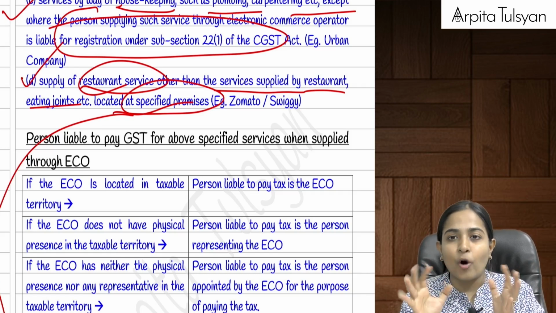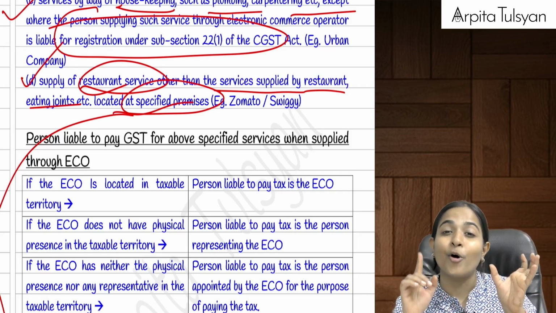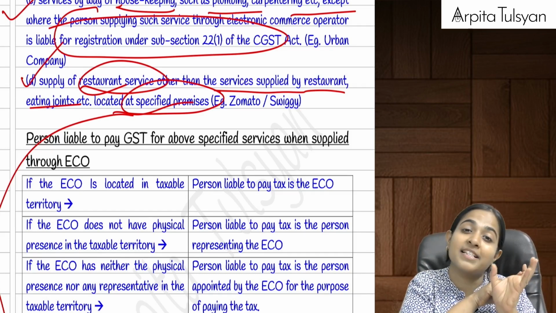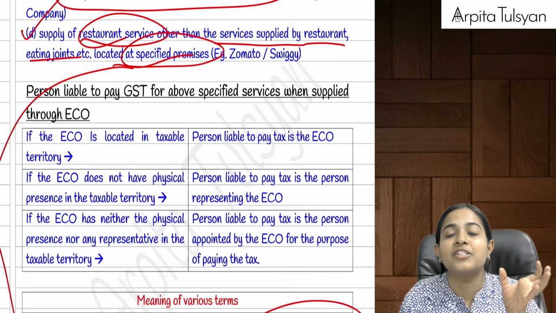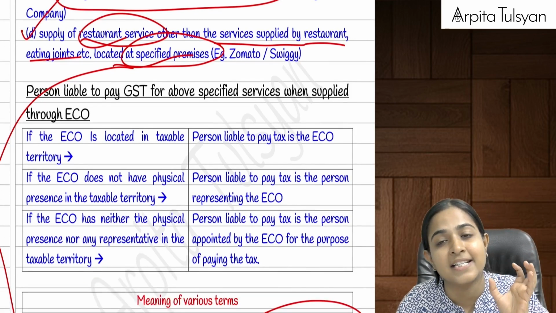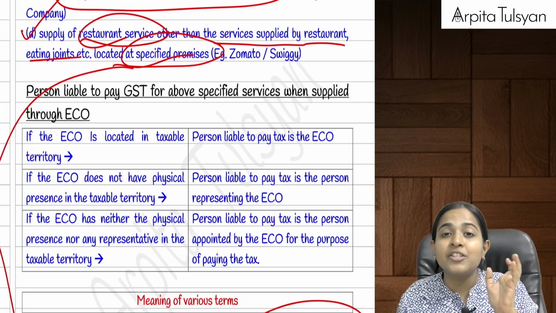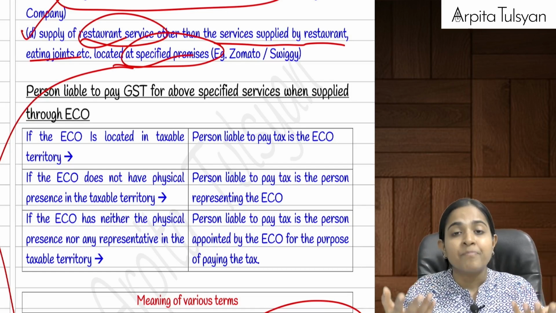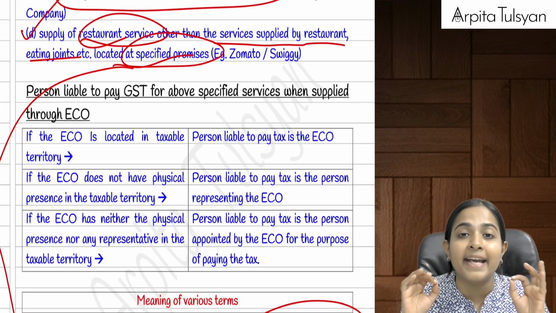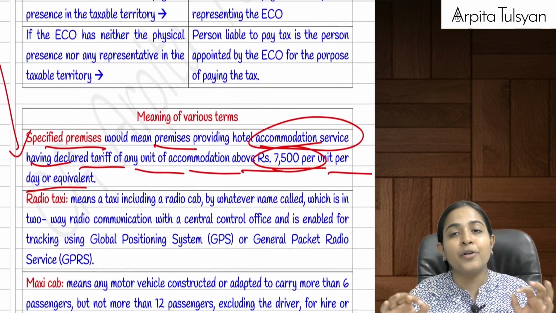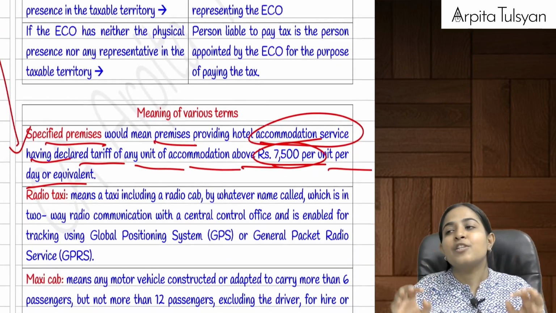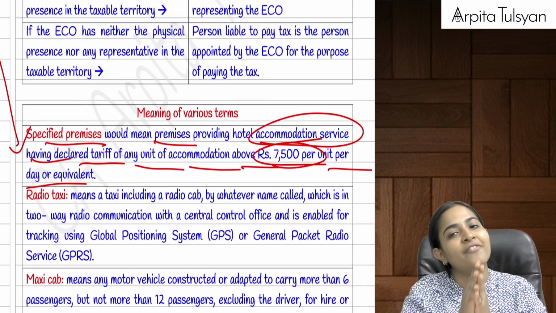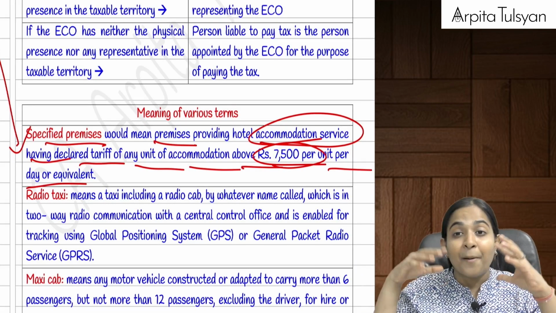But this will not be applicable if I have ordered it from Red Chili's restaurant, which is located in Taj. Why? Because can we call the restaurant located in Taj a restaurant located in specified premises? Because Taj is offering rooms where the tariff per day per unit is above 7,500. So can we call it a big restaurant? Yes. So the concept of e-commerce operator will not be applicable in case of big restaurants.